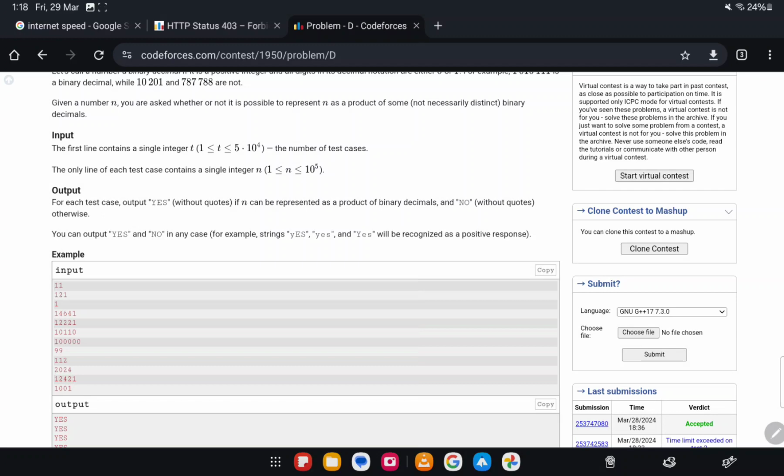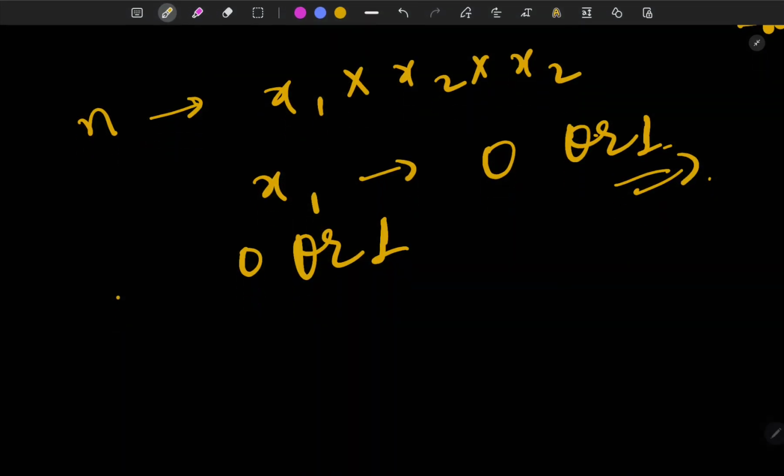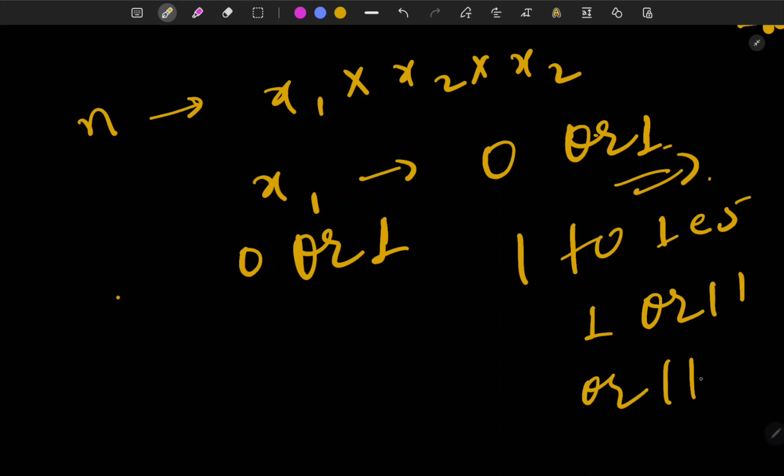So I will take all the numbers from 1 to 10^5, and among them I will take only those numbers which consist of binary digits, like 11111.